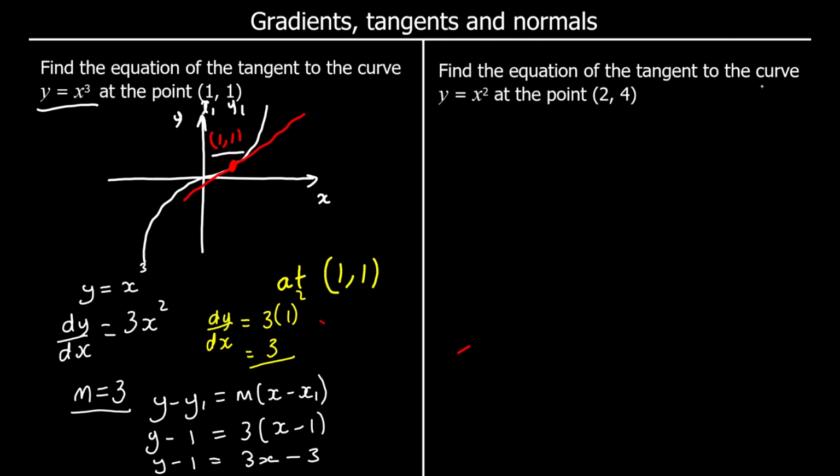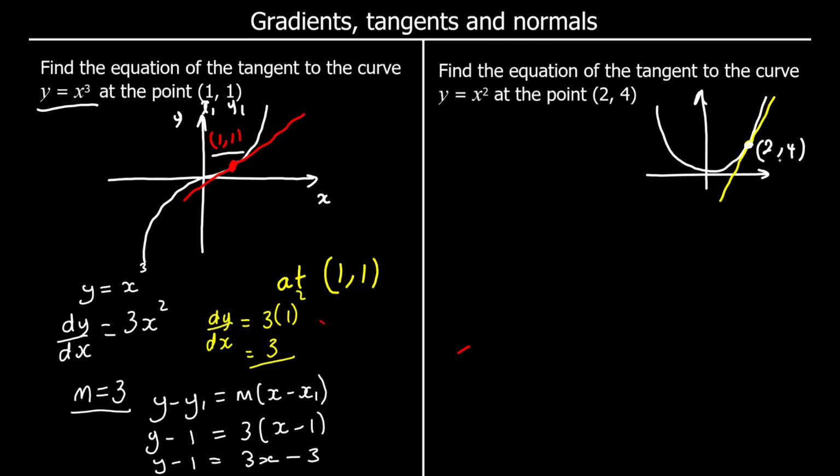So again, we're finding the tangent at a point. This time we've got a quadratic, but it's the same thing. We've got a tangent which just touches the curve, and the gradient of the tangent is the same as the gradient of the curve at that point.